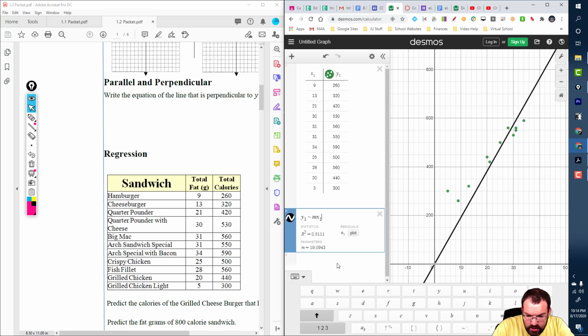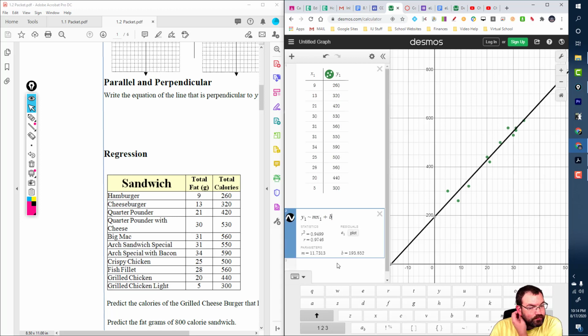I'm going to hit the right key, and then remember it's plus b. Now, this is where it's cool. This is really the work that it already did, the work for this problem. So I'm going to take y sub 1 tilde m x sub 1 plus b, and I'm going to plug in the m and the b into my equation.